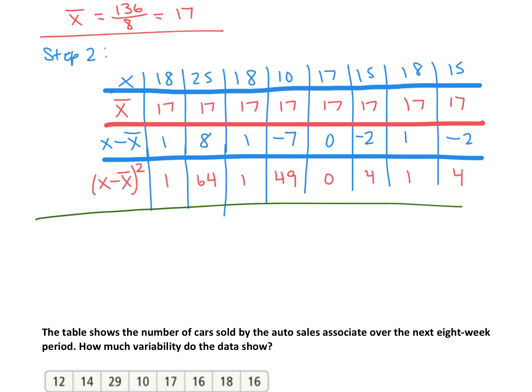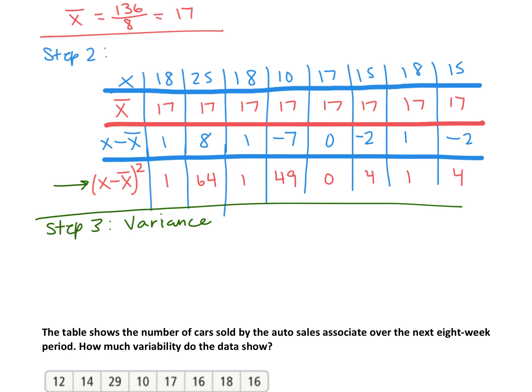All right, so step 3. So step 2 is just kind of filling that in. Our goal was to get to squaring the difference between the data point and the mean. Step 3 is find the variance. So the variance is the mean of the squares of the differences between each data value and the mean.